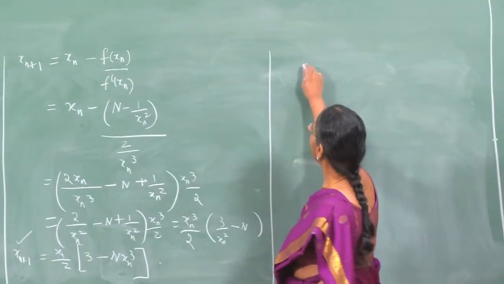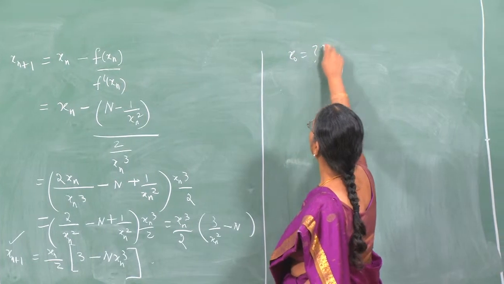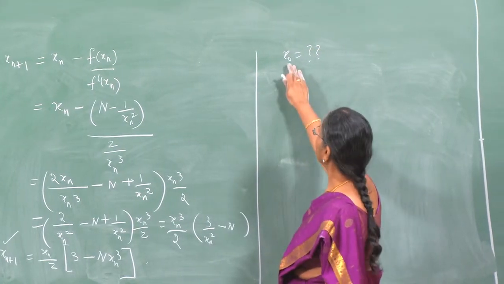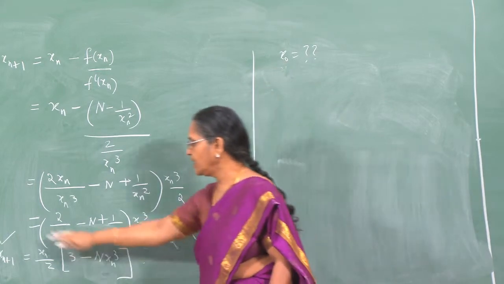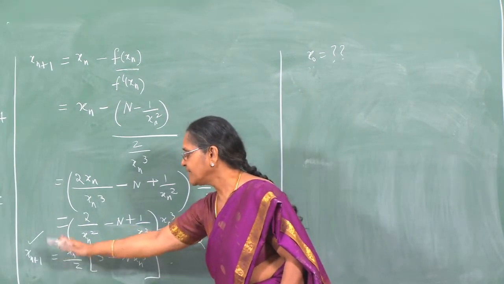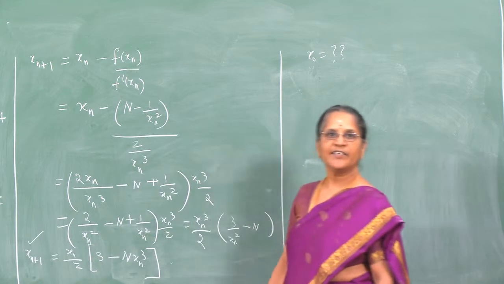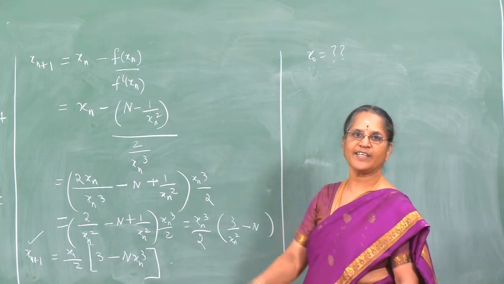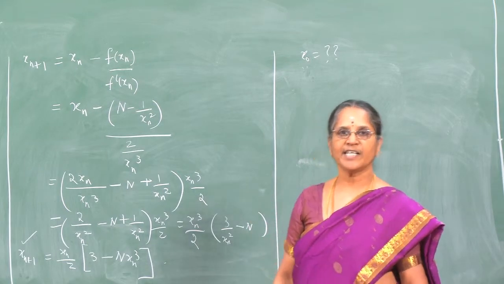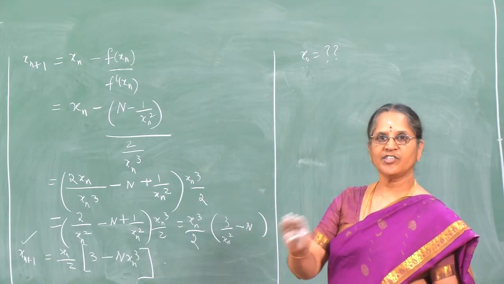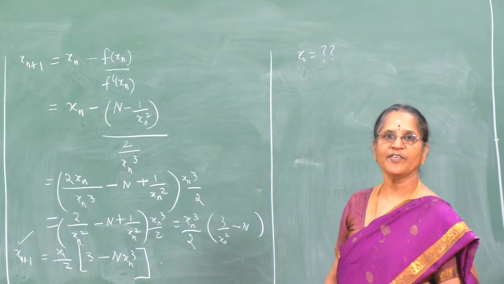We require an initial approximation x naught. So, let us try to find out an x naught, so that when I know x naught, I can generate the iterates x 2, x 3, etc., and stop the computation when I have achieved the desired degree of accuracy.